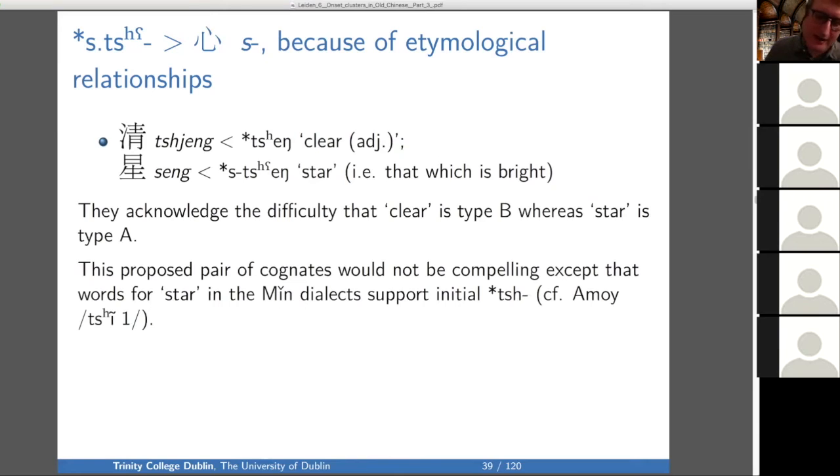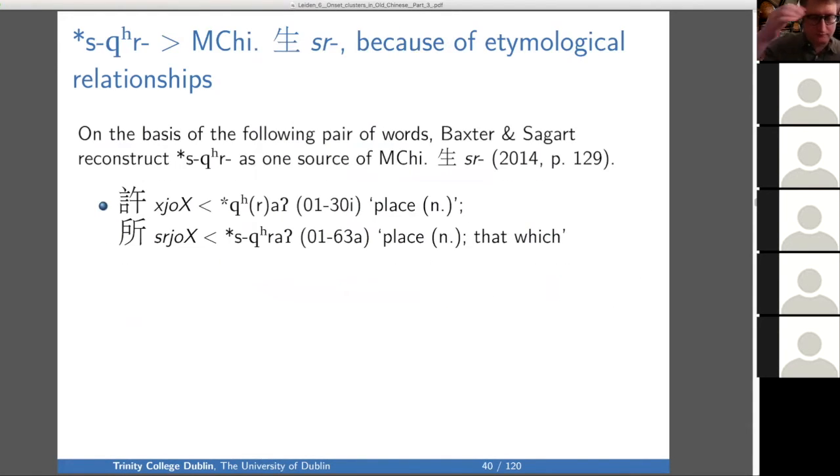It's like, okay, star is bright, I guess, but not all stars are bright, or it just seems a little far-fetched to me. Yeah? But there are dialect, so Min dialect supports an initial TSH in the word for star. So that suddenly makes it go from seeming like quite speculative to, I think, a very strong proposal. Okay.